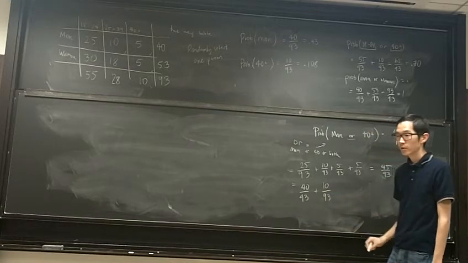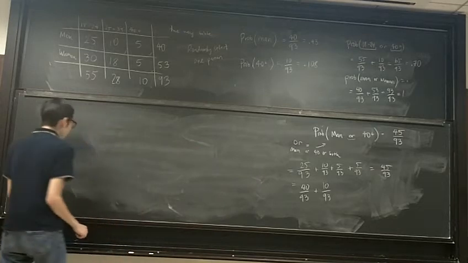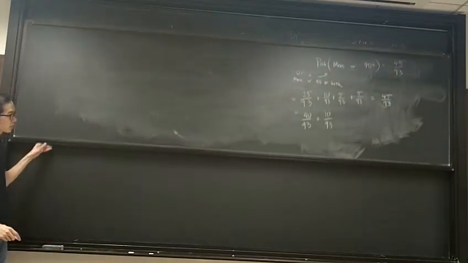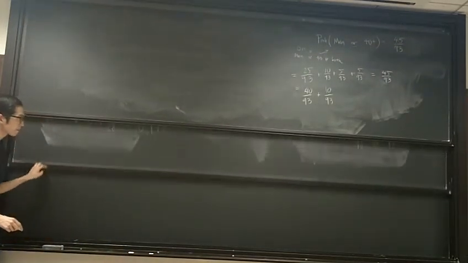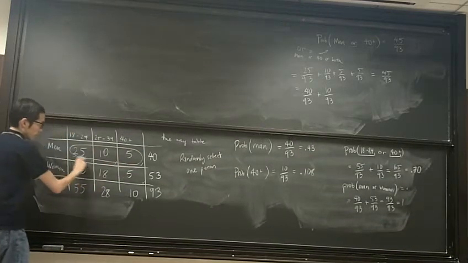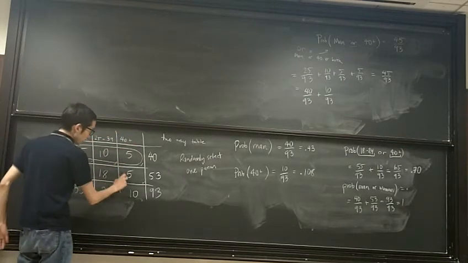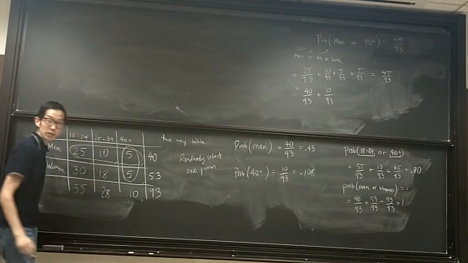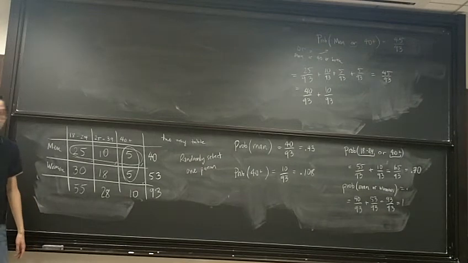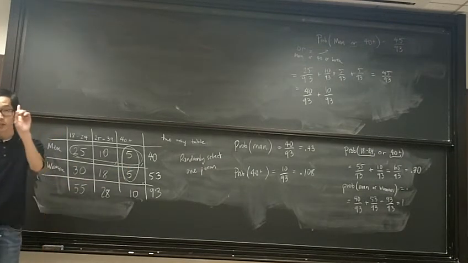But I have double counted one of the groups, right? So 40 means I've added these three numbers, and when I add 10, it means I'm adding those two also, which means I've double counted this one. I only want to count them once.